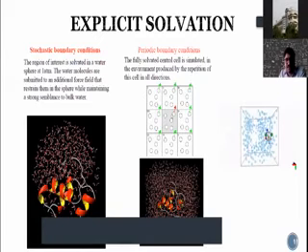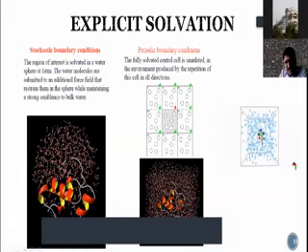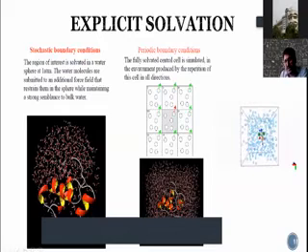When you simulate, the center box is your protein, and computationally it is imagined that your protein is surrounded by replicas of itself. If the atoms are moving like this, they start appearing again from the back. The protein cannot see its own image, and if it does, the simulation will not work.